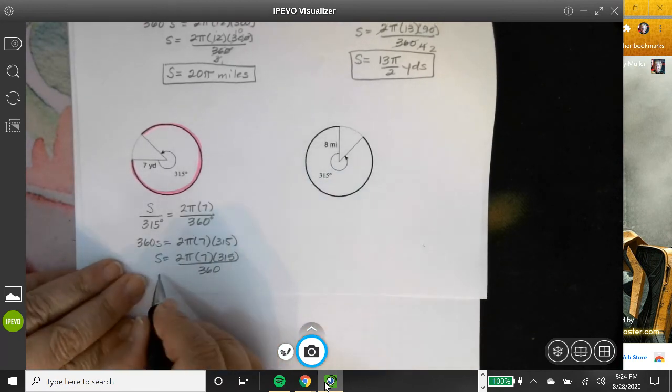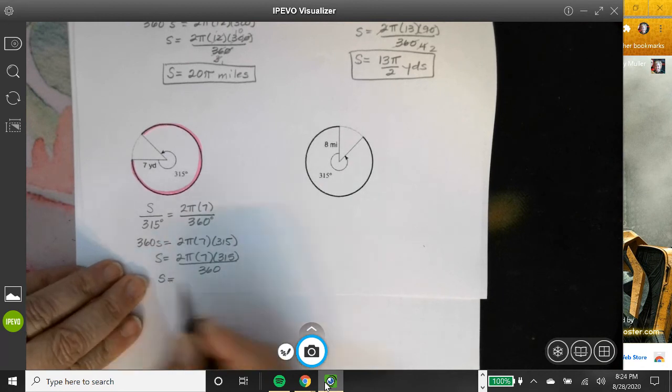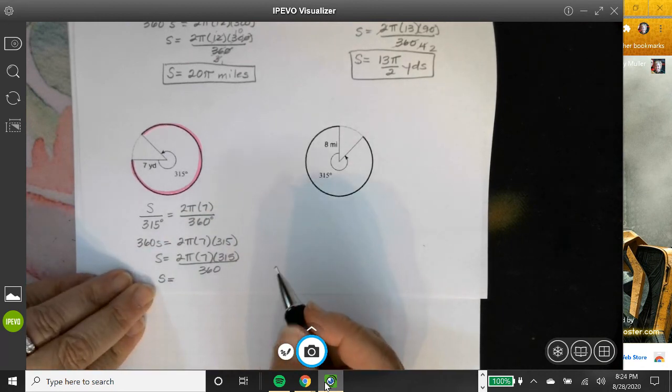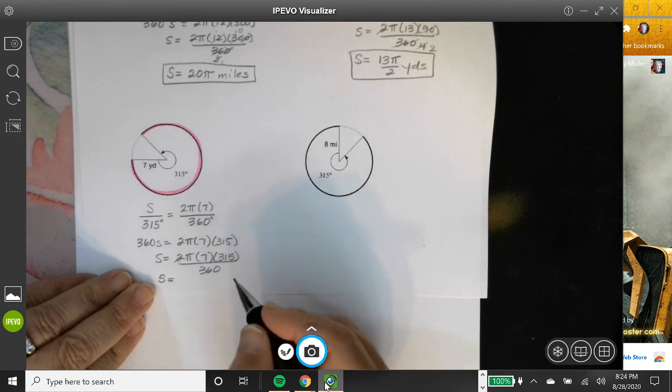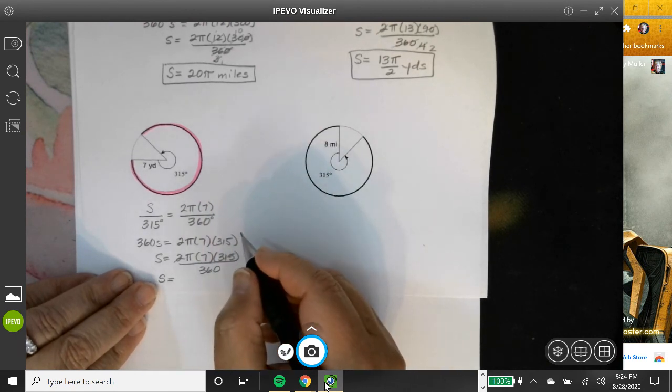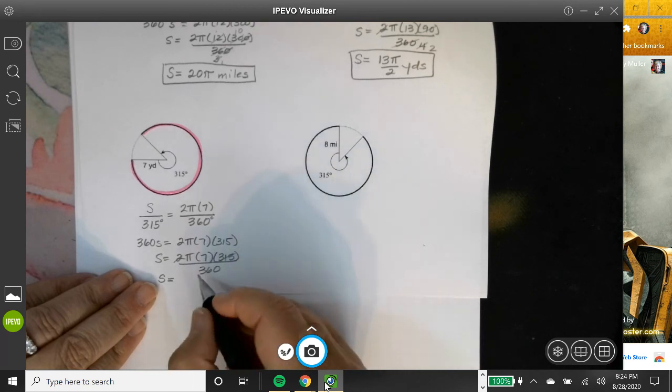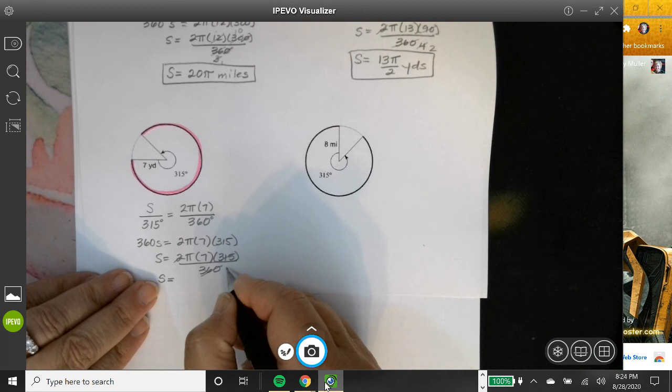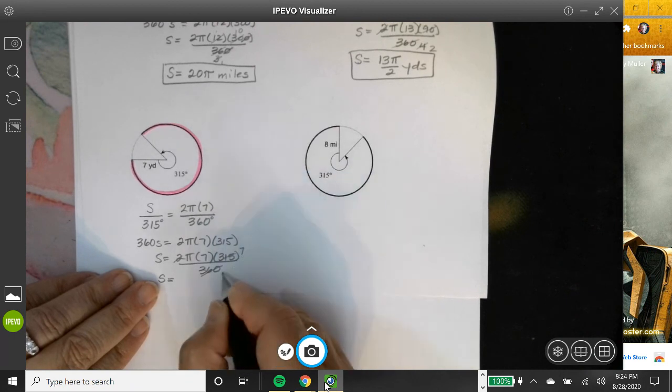And if we reduce this, let's see what happens. 2 goes into, well, hold on, 315, I think 45 is the number I want, right? 45 goes into 315 7 times. 45 goes into 360 8 times.